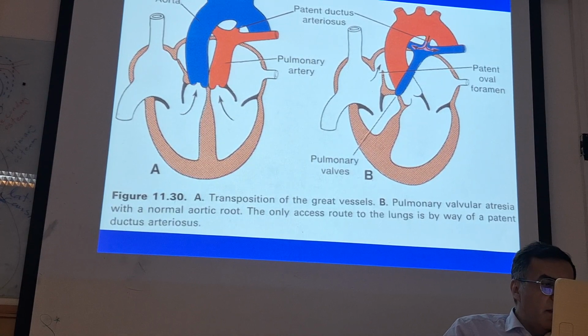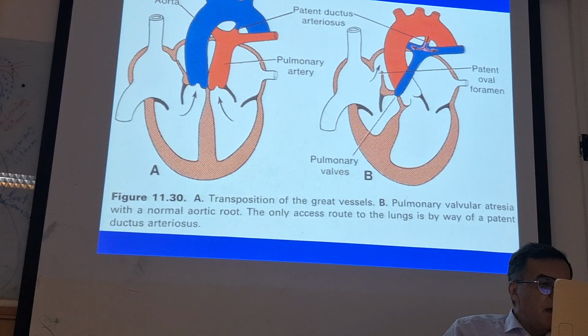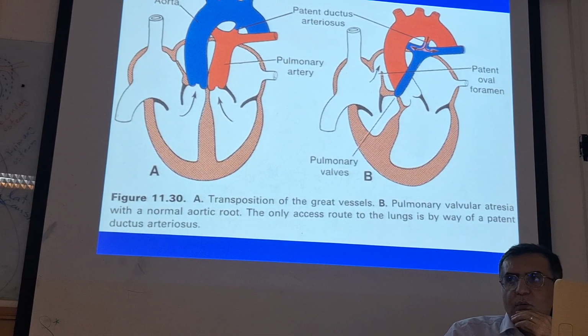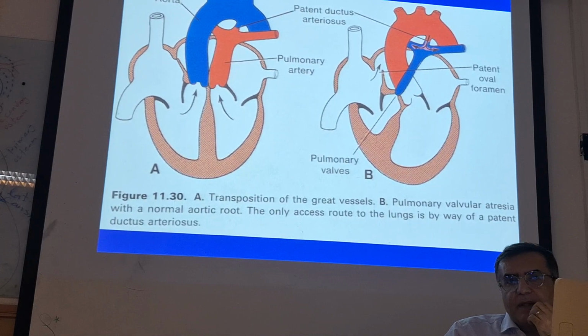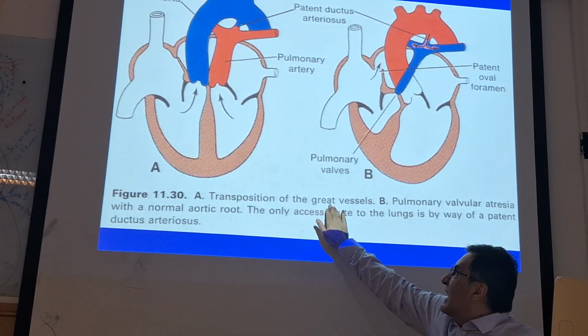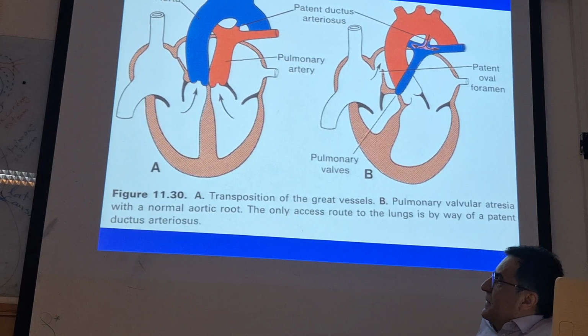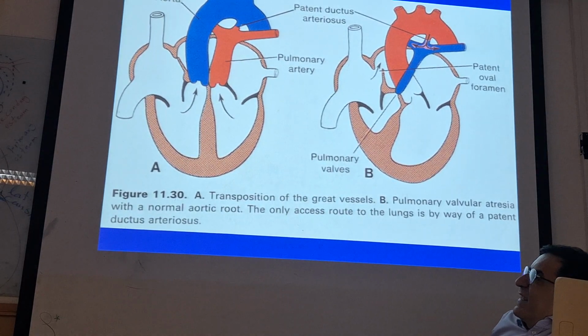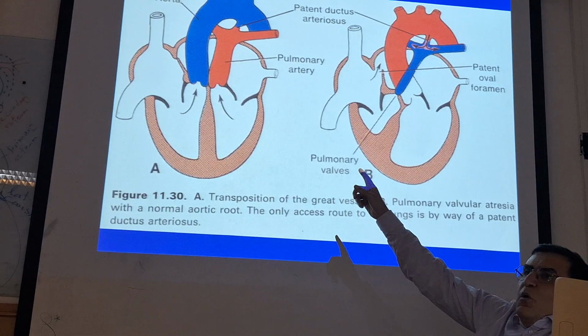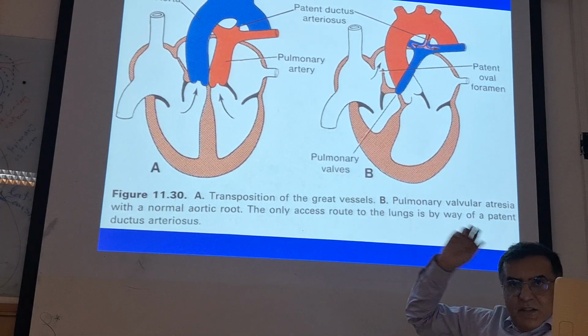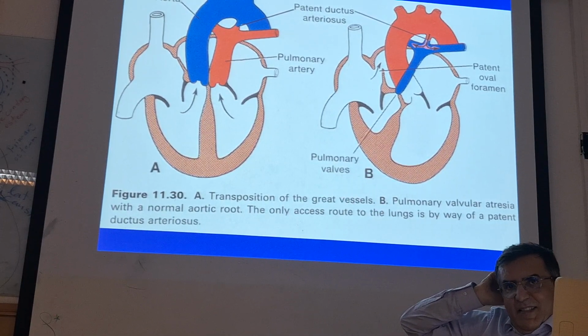Okay, the A1, do you know the meaning of transposition of the great vessels? What's the reason for the formation of the transposition of the great vessels? Look at the pictures. Isn't that when the position is changed? Look at the aorta. So they changed place. Why do they change place?